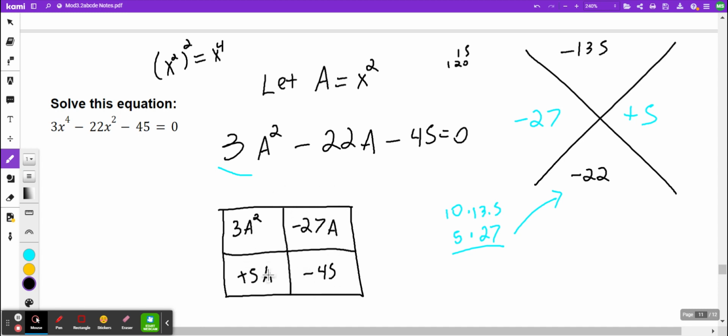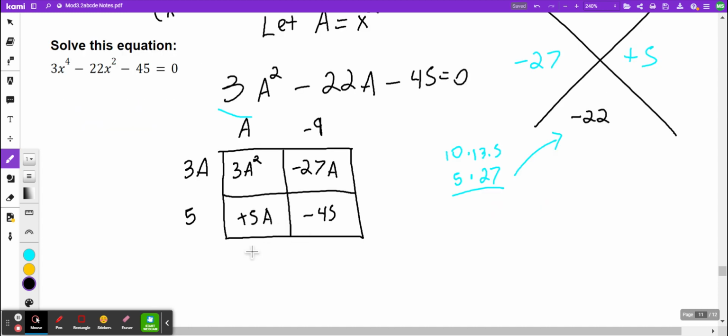Looking at this, it looks like this will be 5 right here, and this should be 9. But not 9, negative 9, because 5 times negative 9 equals negative 45. This should be a, and this should be 3a, using our factors. Now let's test it. 3a times negative 9, yep, we're good.